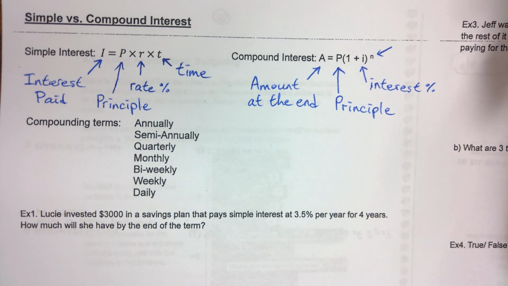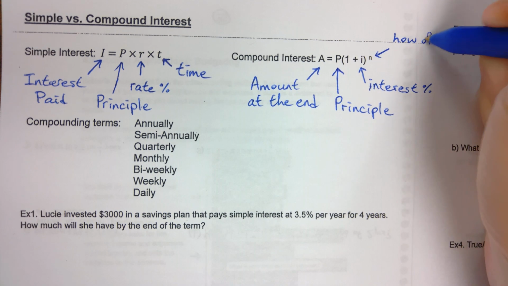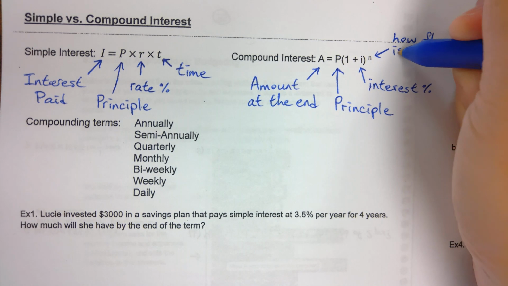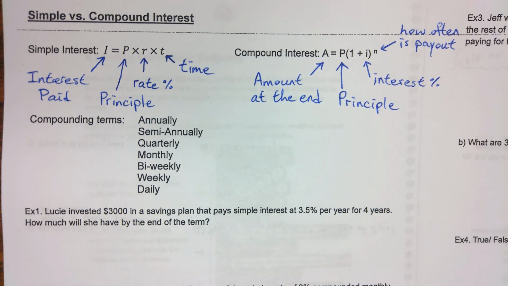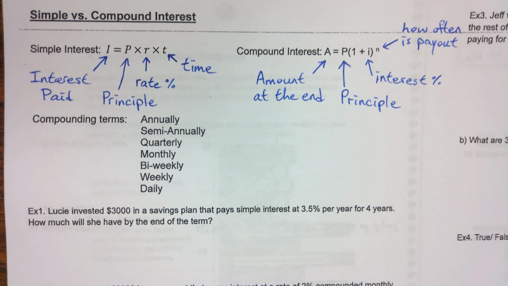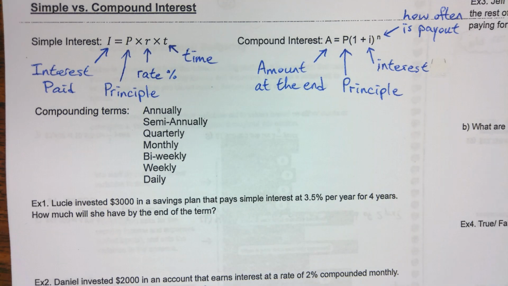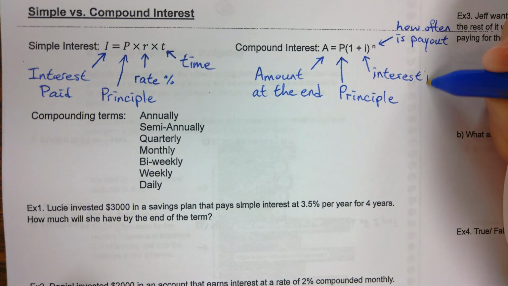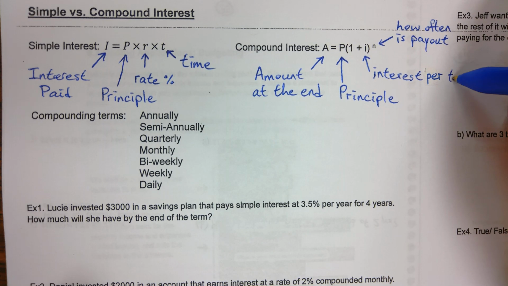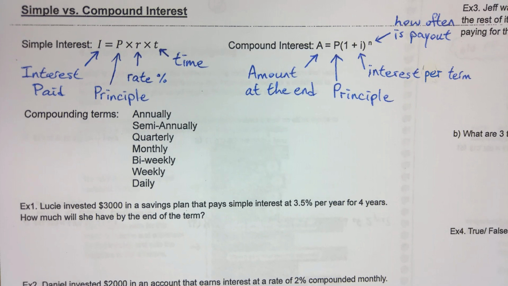It's also time, but think of it as how often is the payout. Actually, let me rephrase this a little to help you not mix it up. There's a reason why they use R here and I here. So this is interest per term, and later on we'll talk about what it means.